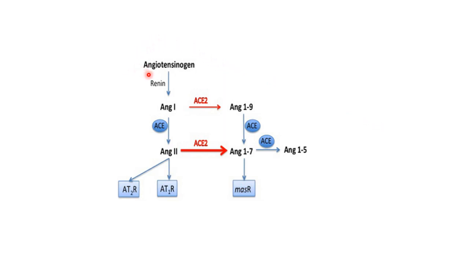Briefly, angiotensinogen is converted to angiotensin 1 by renin, and ACE causes angiotensin 1 to become angiotensin 2, and each of these is further acted upon by ACE2, so that there is angiotensin 1-9 and angiotensin 1-7, which then goes on to become angiotensin 1-5.